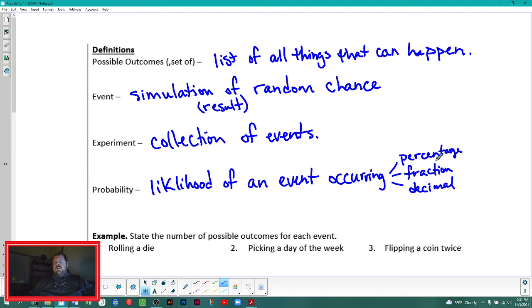Percentage is very common to talk about in mainstream media and a lot of different things. Sadly, we don't really talk in percentages for the simple reason that if you roll a die, if you roll a 6-sided number cube, you're going to get the numbers 1 through 6. Okay, not to get too far ahead.